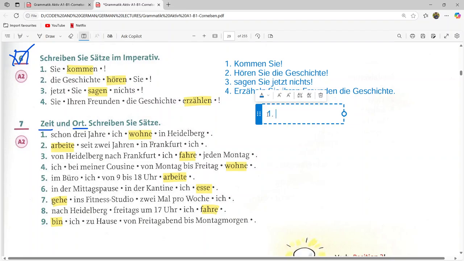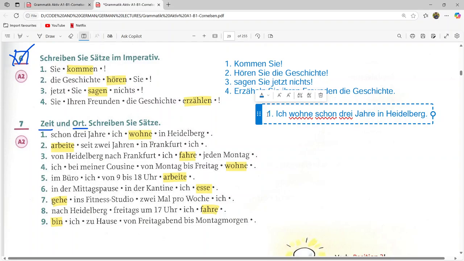First one. So we can write the sentence like this: Ich wohne schon 3 Jahre in Heidelberg. Okay, we can write sentences like this. Is it a problem?